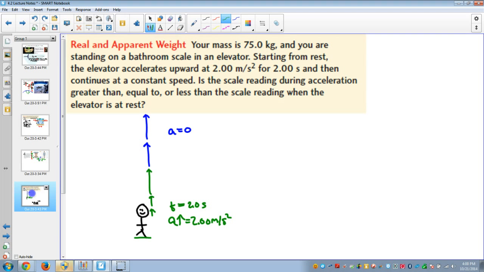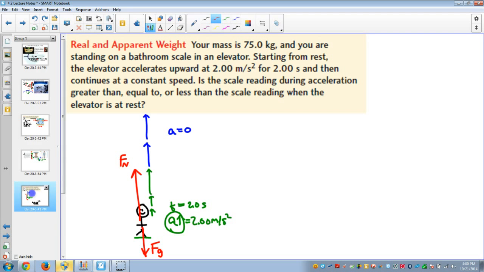Is the scale reading during the acceleration greater than, equal to, or less than the scale reading when it's at rest? So when I'm at rest, here I am, my force of gravity. In order for me to accelerate upwards, this has to be bigger.